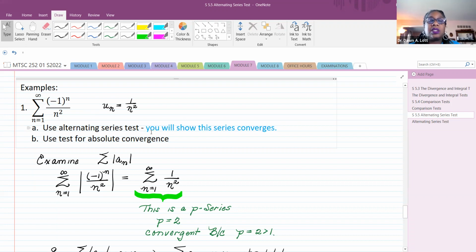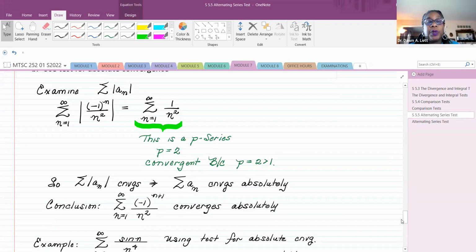Now we're checking whether it converges absolutely. So you slap absolute values on the a_n term, the whole thing, and look at the summation of just the u_n part.